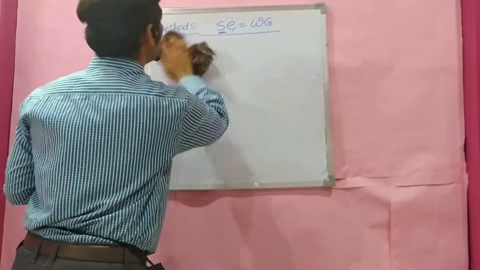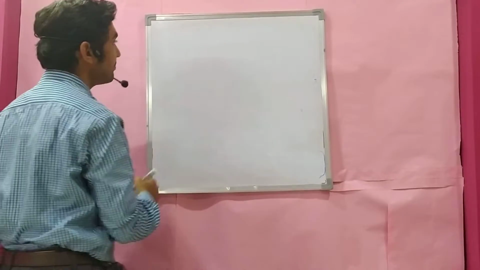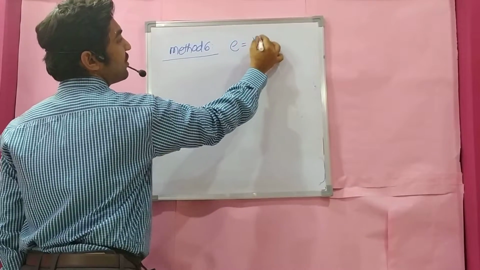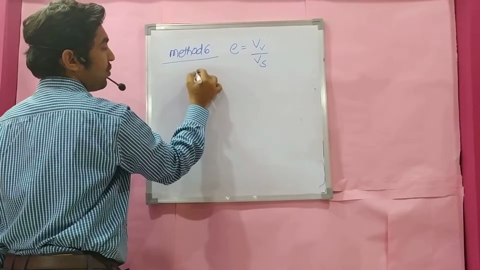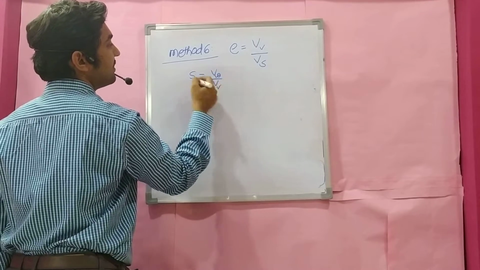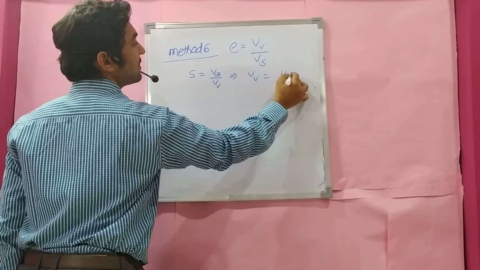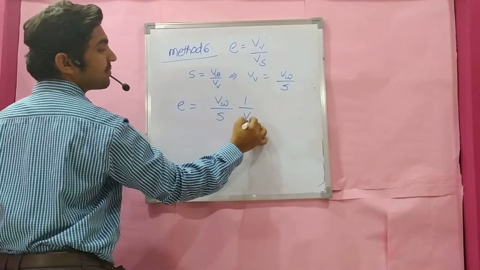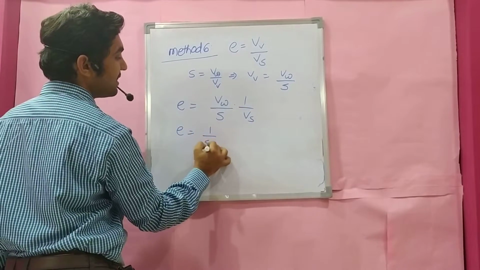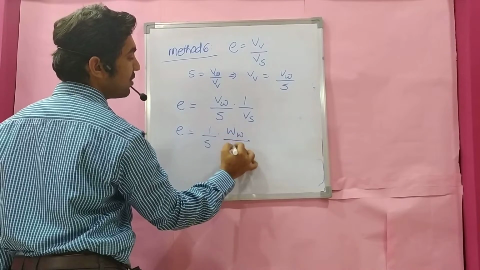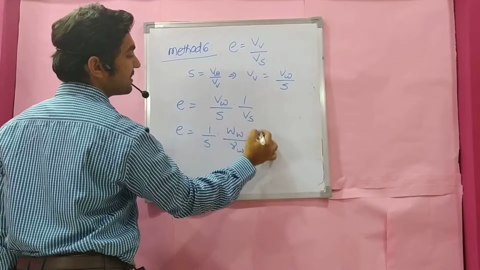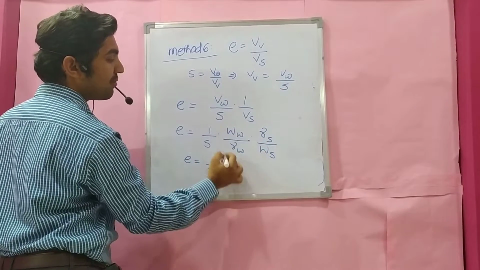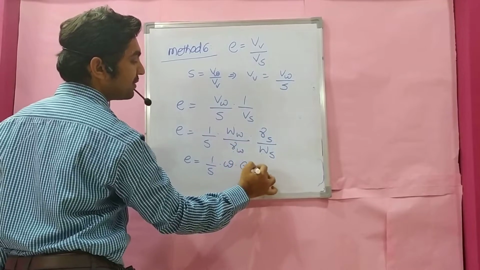Now the 6th method. Same relationship, but the method is different. Method 6. e is equal to Vv by Vs. Now S is equal to Vw by Vv, so Vv is equal to Vw by S. We can write e is equal to Vw by S into 1 by Vs. e is equal to 1 by S into Vw, which is Ww by gamma w, divided by Vs, which is Ws by gamma s. e is equal to 1 by S into Ww by Ws, the water content, times gamma s by gamma w, the specific gravity.